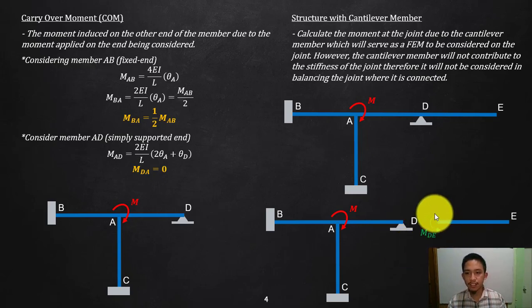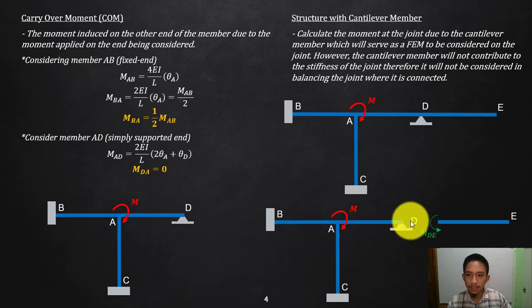Okay, so again, that is what happened. You do not need to worry about your cantilever. All you need to do is cut it and forget about it. All you need to do is calculate the end moment from whatever loading is on it. You do not need to use the fixed end moment formula here, since just by taking moment at this cut portion, with no unknown reaction on this side, you can summate the moments from whatever loading is here, and that is the fixed end moment on this side.